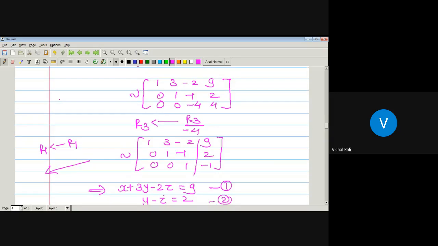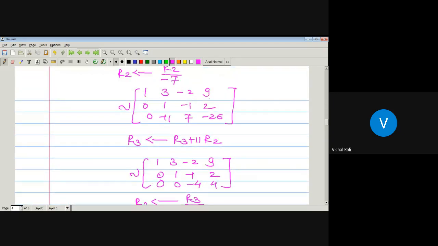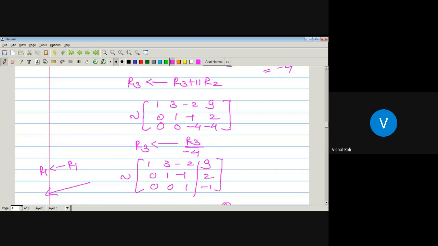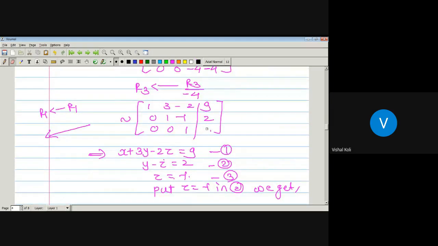Here somewhere minus 26 plus 11 into 2, which is minus 26 plus 22, minus 4. Here also minus 4. So it now becomes 1, which is equal to z = 1.